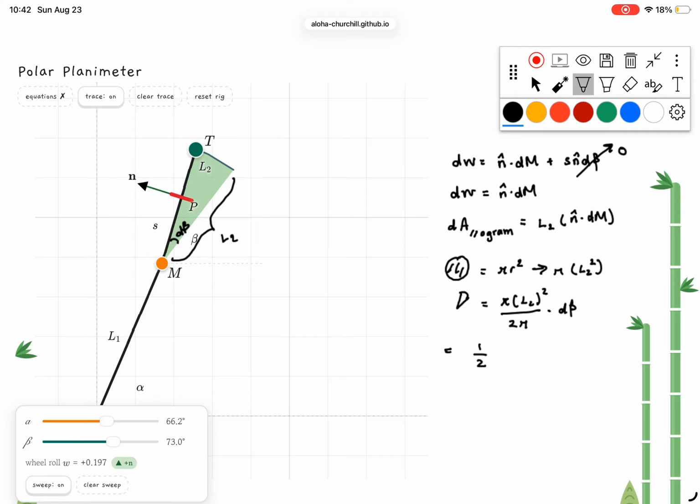And in the end, we get this term 1/2 L2 squared d beta for the area of our circular sector here. In total then, when we move our tracer arm just a little bit, the tiny area that is swept out is the addition of the parallelogram, the area swept out by rotating the pole arm, and the circle sector, which is the area swept out when you're rotating beta.